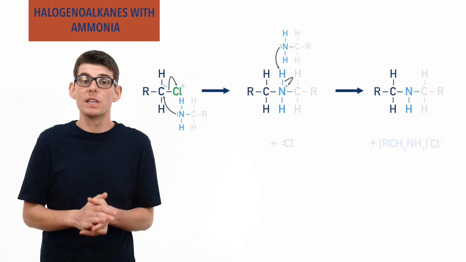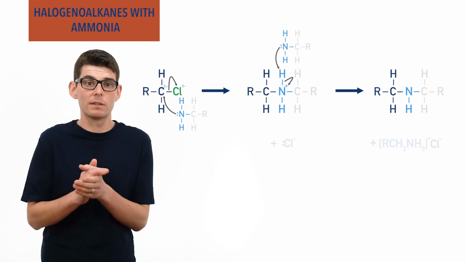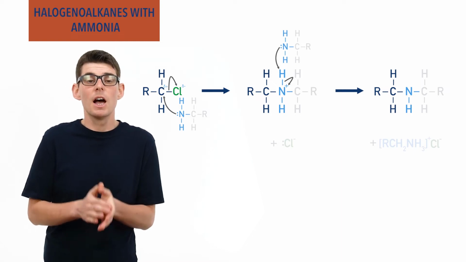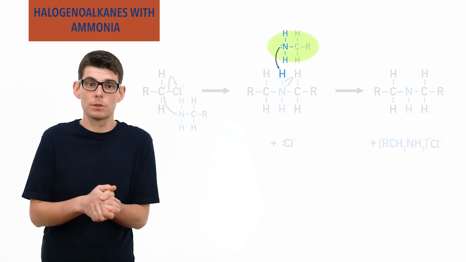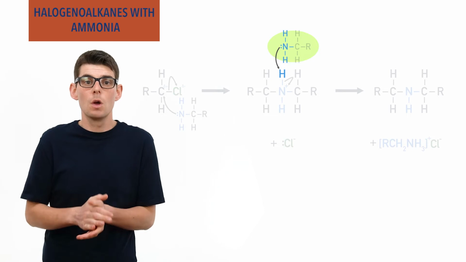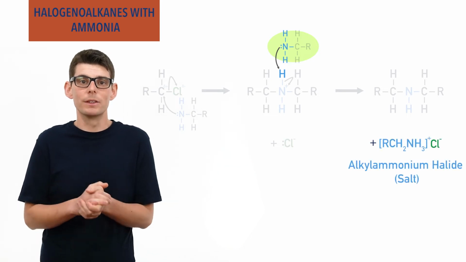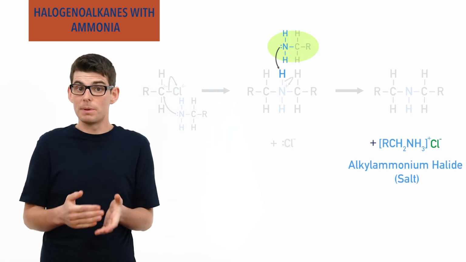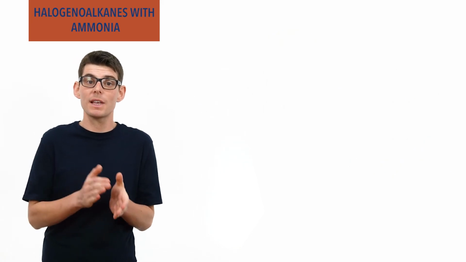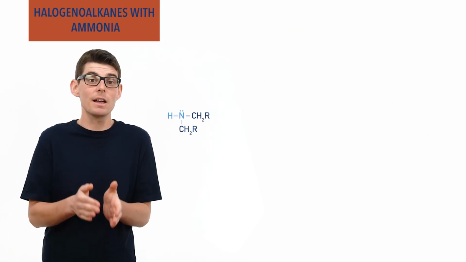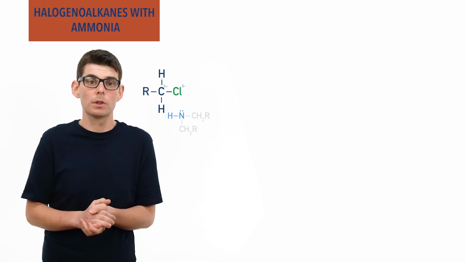The only difference is, rather than a molecule of ammonia taking the H+ ion from the intermediate, another primary amine will, and as a result, one of the products of the reaction would be an alkyl ammonium halide salt. This can be repeated again with a reaction between the secondary amine just produced and another unreacted halogenoalkane molecule.